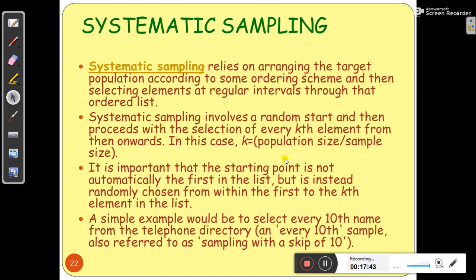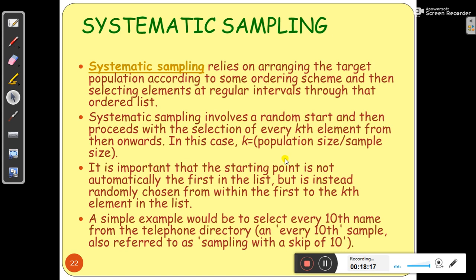Next one is systematic sampling. Systematic sampling relies on arranging the target population according to some ordering scheme and then selecting elements at regular intervals through that ordered list. So before applying systematic sampling, we arrange the whole target population according to some ordering scheme, then select elements at regular intervals through that ordered list.